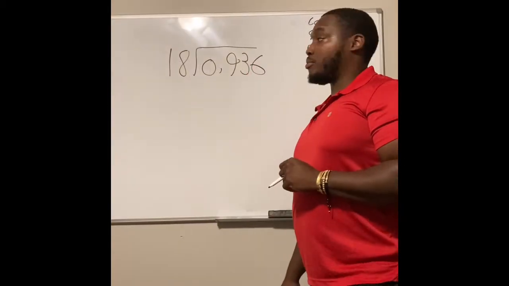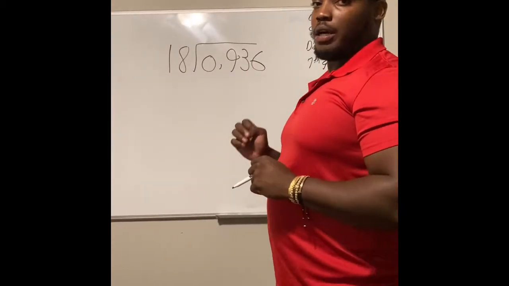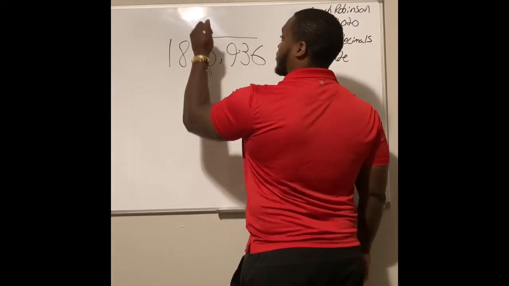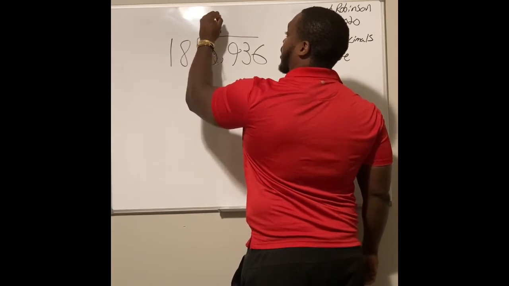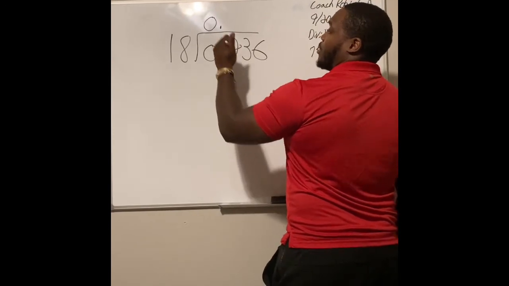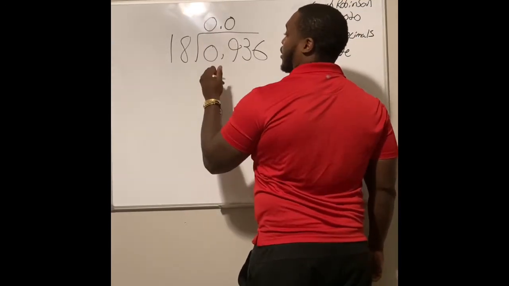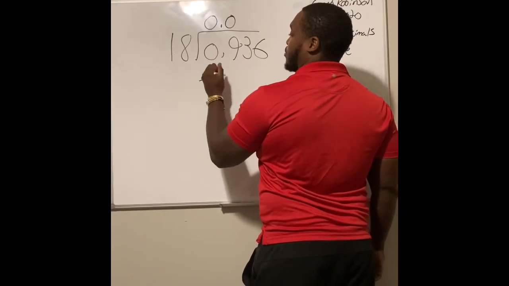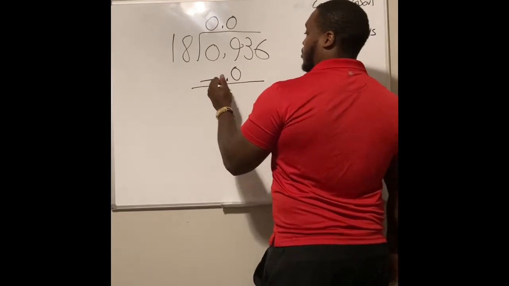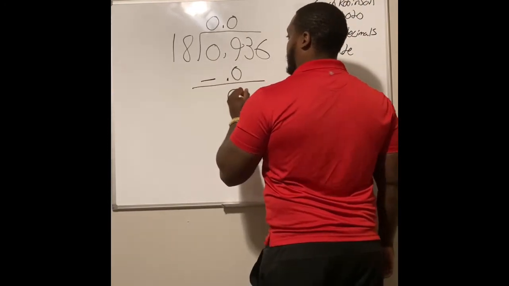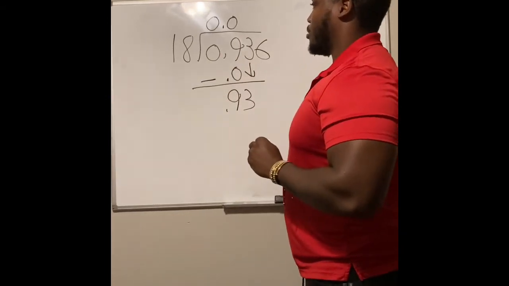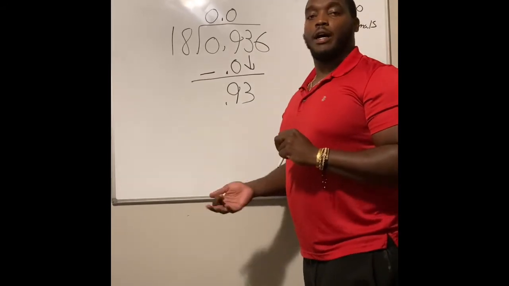Now for this last example, I'm gonna divide 18 into 0.936 thousandths, right? So we know 18 cannot divide into 0, so therefore our 0 goes here. Add your decimal. Now 18 cannot go into 9 either, so we're gonna add another 0. Drop it down. So now we have 93. Now 18 times 5 is 90.